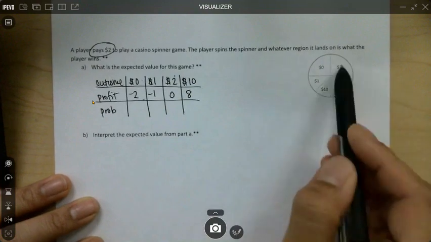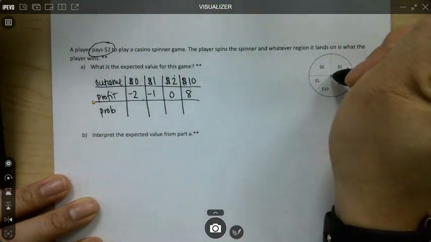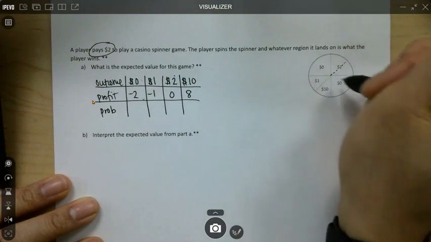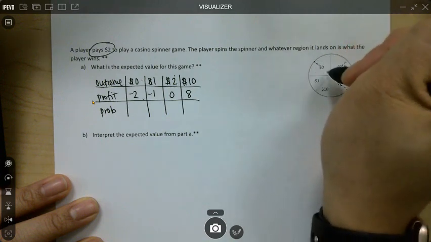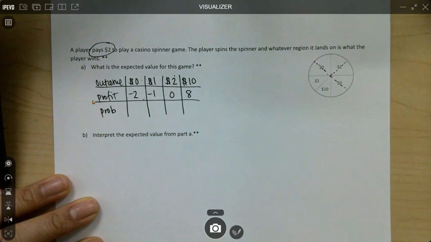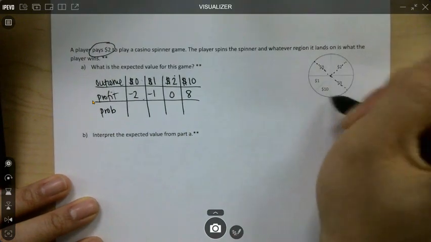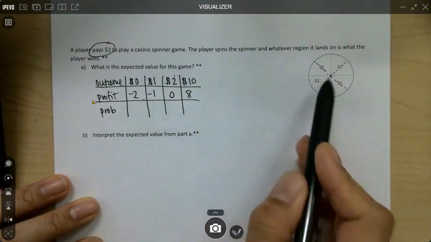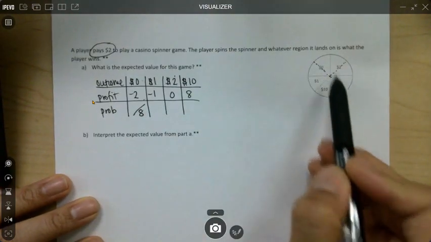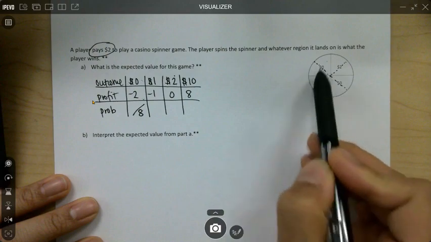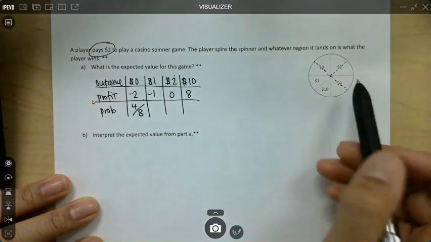So now for probability, we need to figure out the fraction. Something that might help you with fractions here, if they aren't all the same size, it might help to pretend to cut it so they're all equal sizes. So now we can think of there's 8 total pieces, so all of these are going to be out of 8. Landing on 0, there's 1, 2, 3, 4, so 4 out of 8, or 1/2.